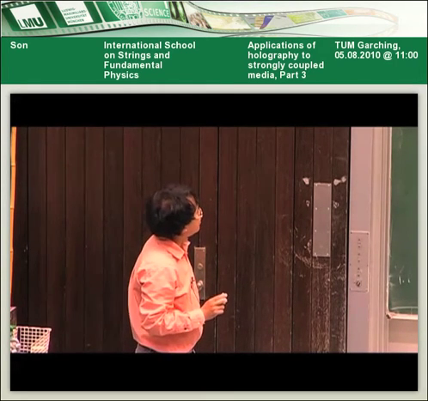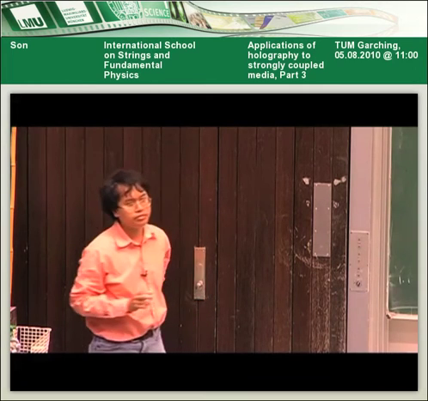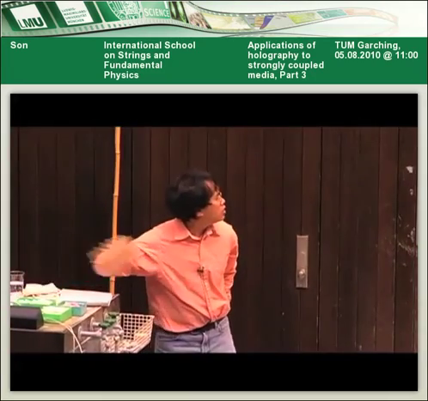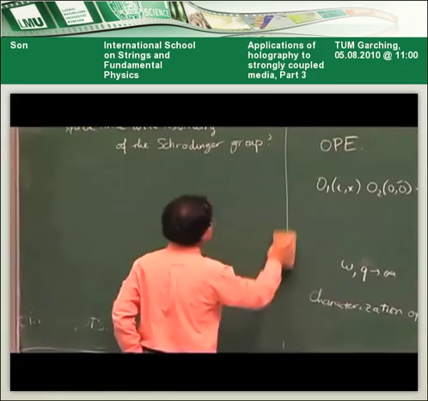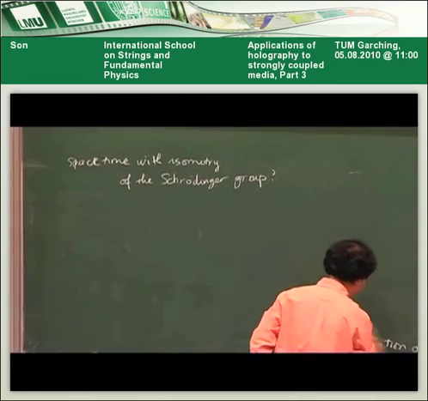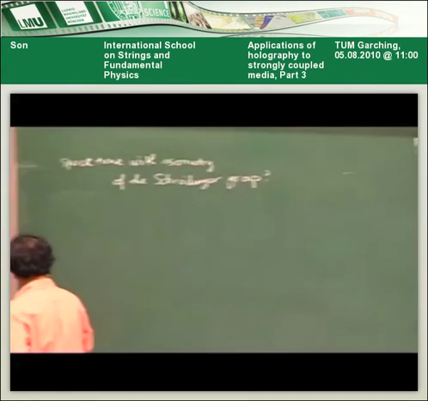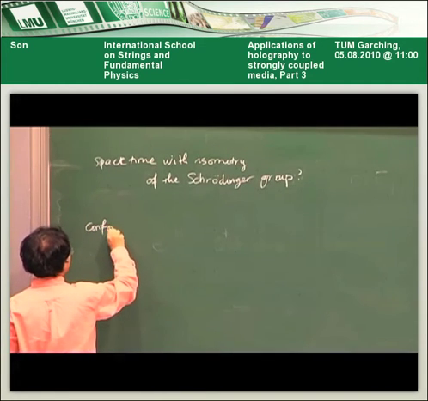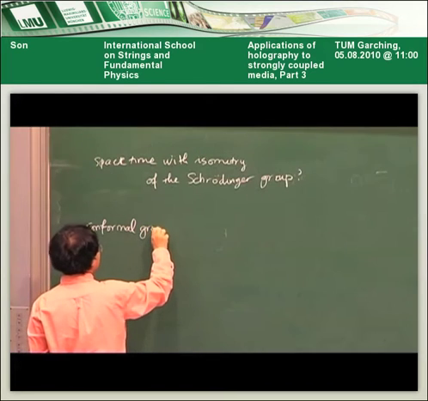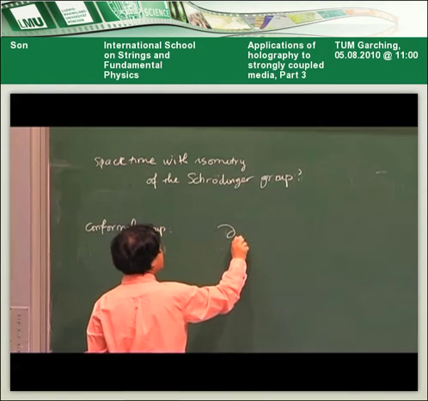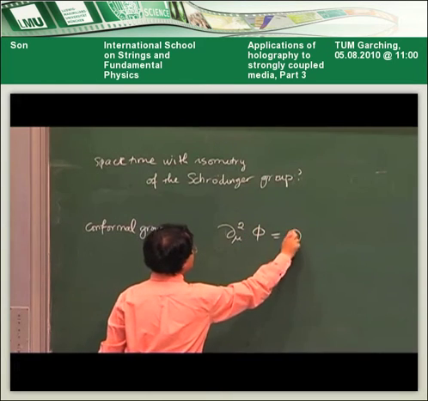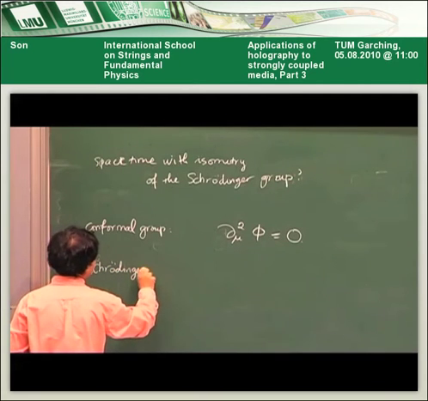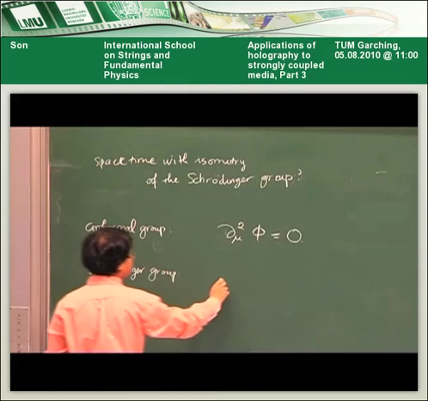Now that one can write down such a space-time, the way to do that is to notice the following thing: the usual conformal group can be thought of as the symmetry of the Klein-Gordon equation, while the Schrödinger group is a group of symmetry of the Schrödinger equation.